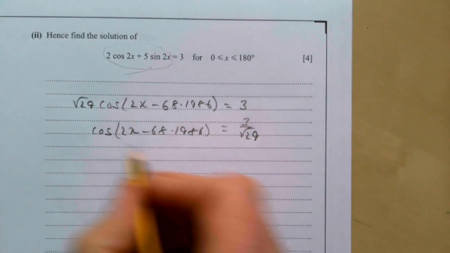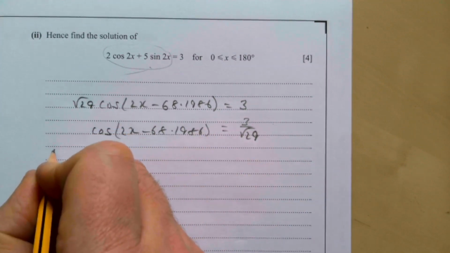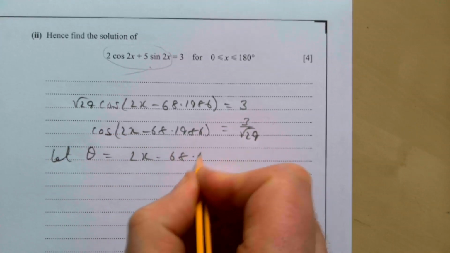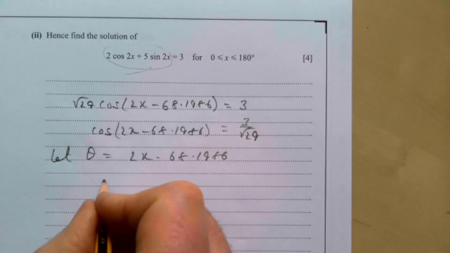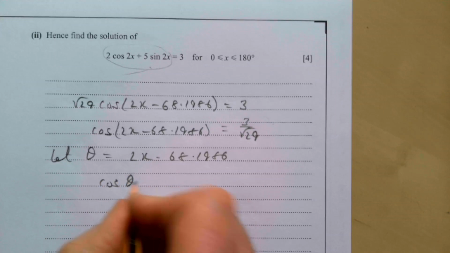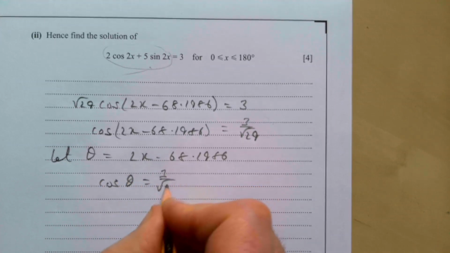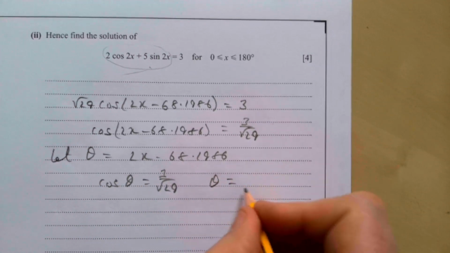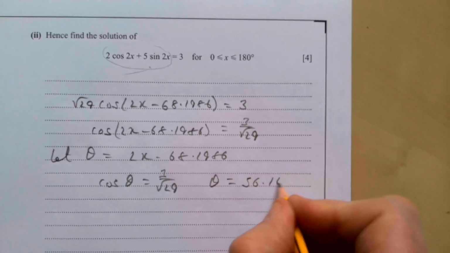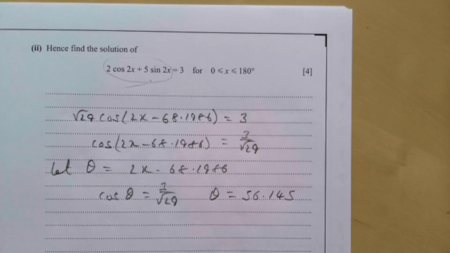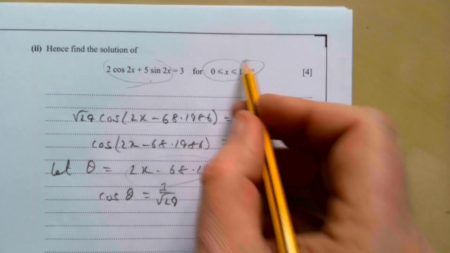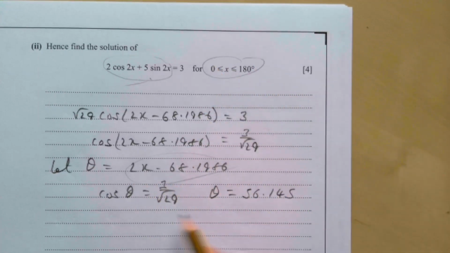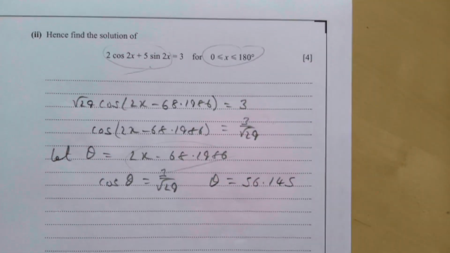I normally let this equal a different angle, so cos theta is 3 over root 29, and theta in this particular case is 56.145. Some people at this stage change what the range is, depending on how your teacher does it, so we can rewrite the range here. I'm just going to fire on through and see what we end up with.